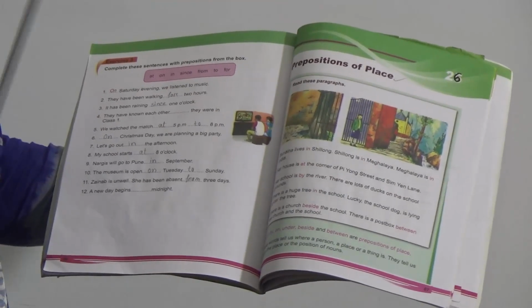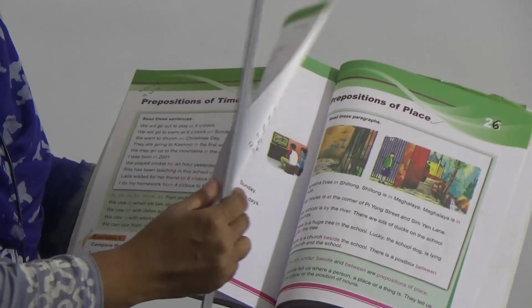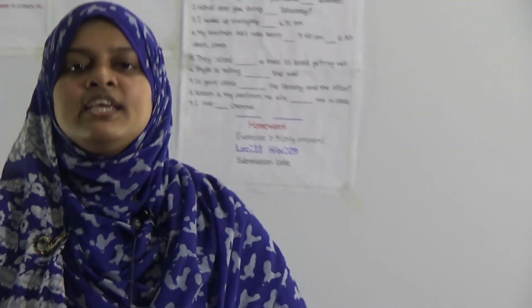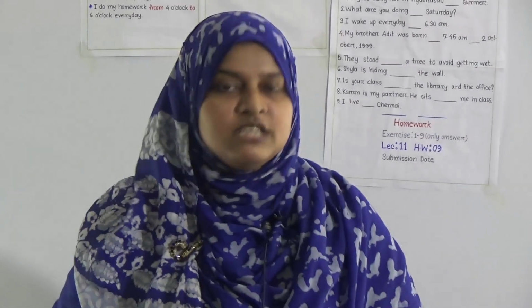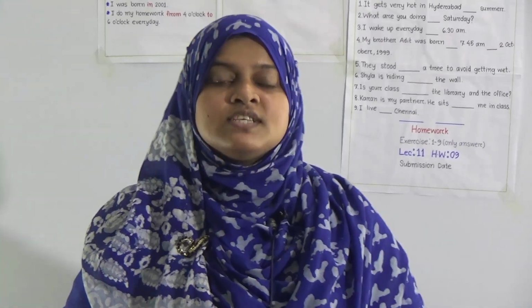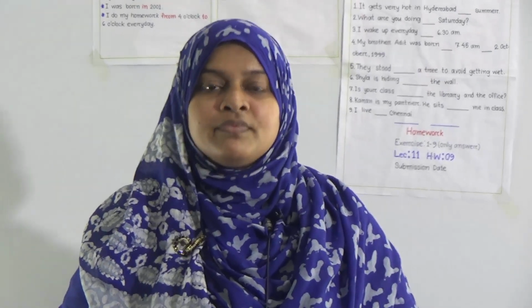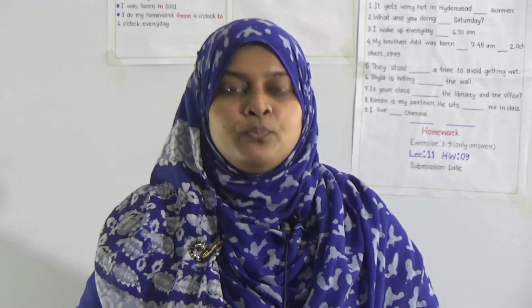That means prepositions of time and prepositions of place together. With your book, take your notebook and writing elements. First, we'll discuss prepositions of time and place, and then we'll discuss some exercises. You have to write them in your notebook. So let's begin.